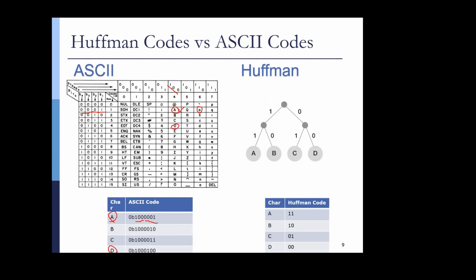Again, it's binary 100, and then on the left hand side is 0100. So this table will actually give you the binary of all the characters.